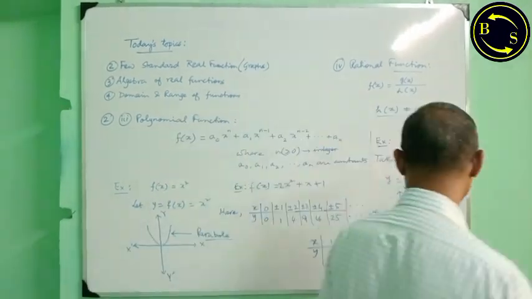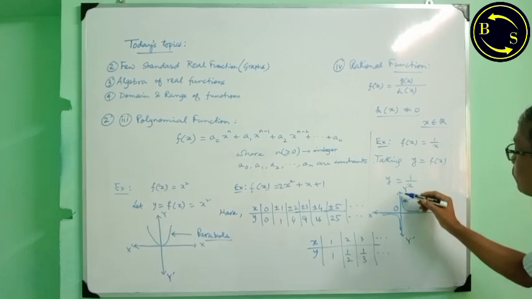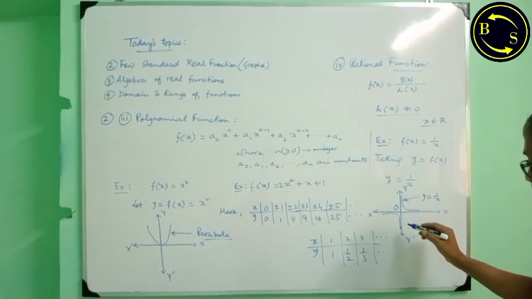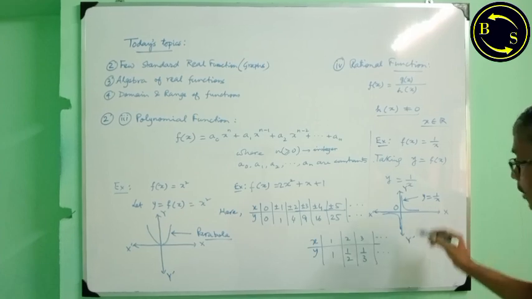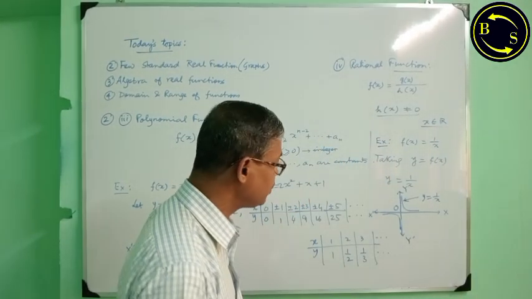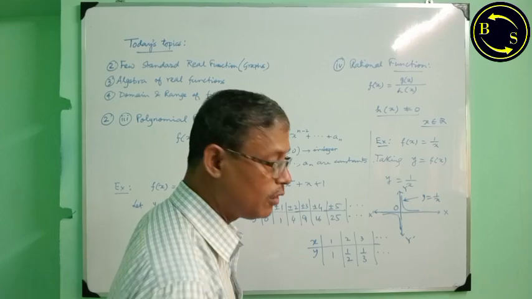We get two branches. This is one branch, this is the other branch. Actually, this type of curve is called a hyperbola.